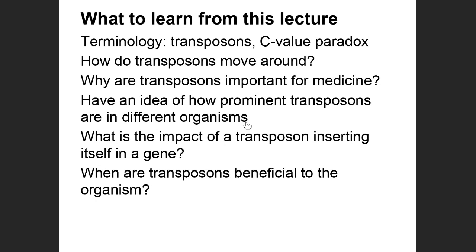Mostly I wanted you to be able to interpret, if I give you a pie chart, what fraction of that pie chart is transposons. So I wanted you to look at a pie chart and say, oh, these names here, they're types of transposons.